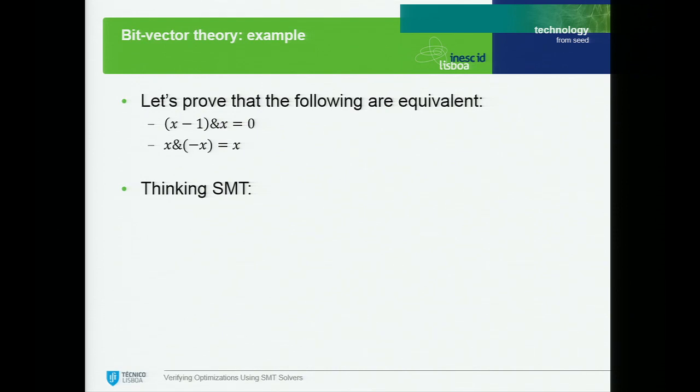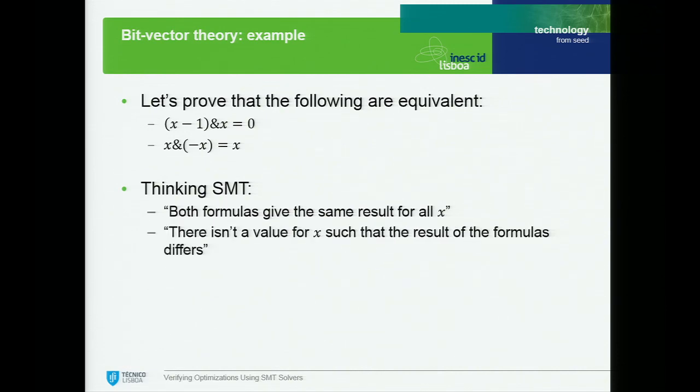There are two ways of looking at this. We can think, OK, for all possible values of x, these expressions always return the same value. This is one way of looking at it. Or we can say, there is no value for x such that these expressions are different.